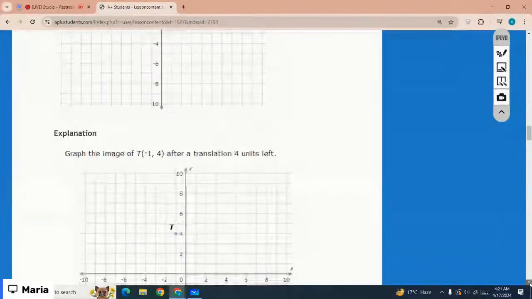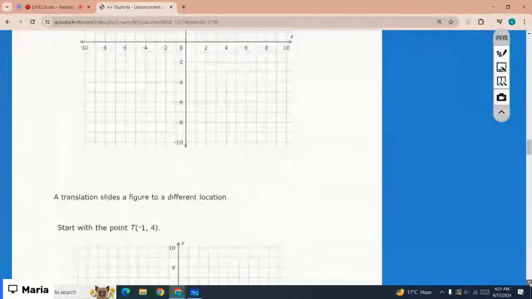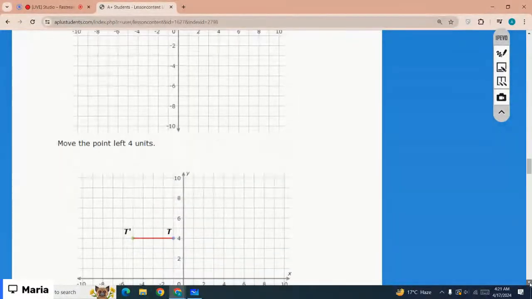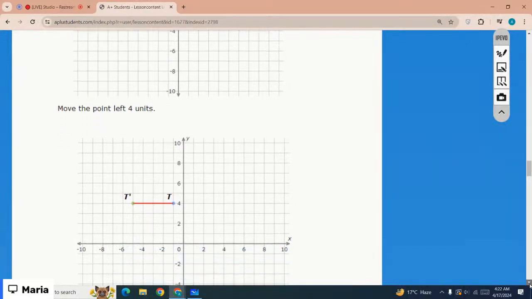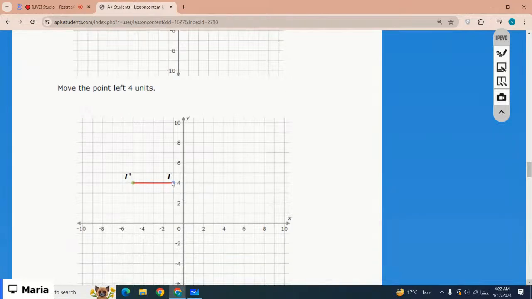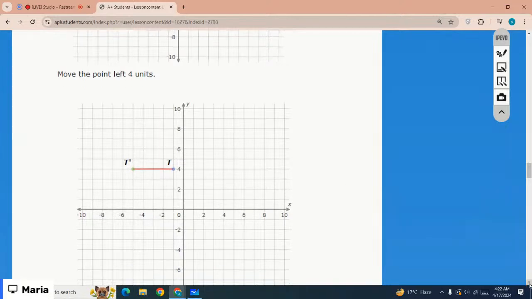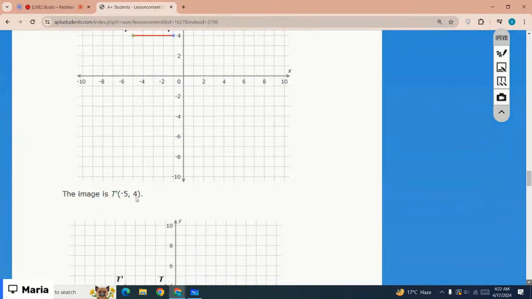For this lesson, you have just the tutorial. You can see here from here to here you have moved and the coordinates are negative 5 and 4.